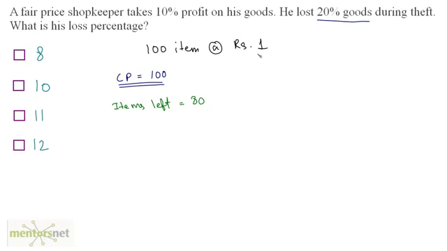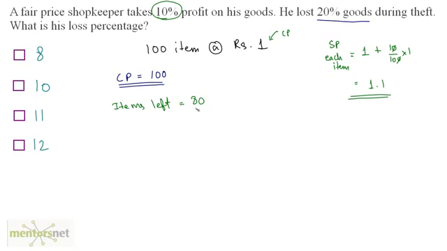Now let us calculate the selling price on each item. We have the cost price on each item as 1 rupee, and the shopkeeper takes 10% profit on his goods. So the selling price of each item is the cost price increased by 10%: 1 plus 10 by 100 times 1, which is 1.1.